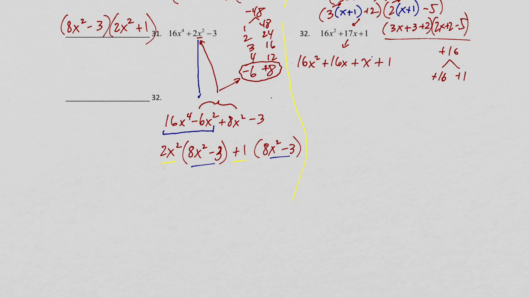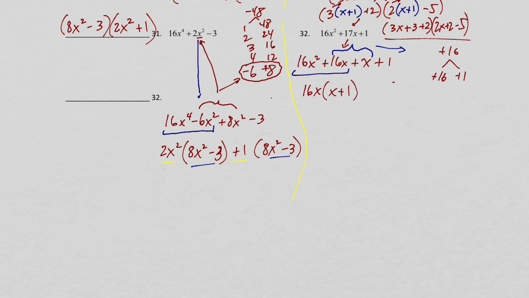These are my numbers that add up to 17x, and they came from those over there. So I'll group these two together by taking out a 2x, oh, not a 2x, a 16x. That leaves behind an x plus 1.